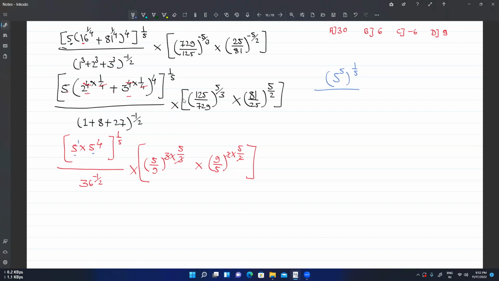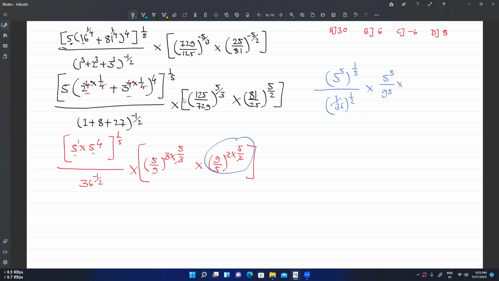we have to change this negative sign of index into positive. At that time the reciprocal of the base will occur. So we get 1 upon 36, whole bracket raised to 1 by 2. And in this bracket, what remains here is 5 by 9, whole bracket raised to 5, which can be written as 5 raised to 5 upon 9 raised to 5.